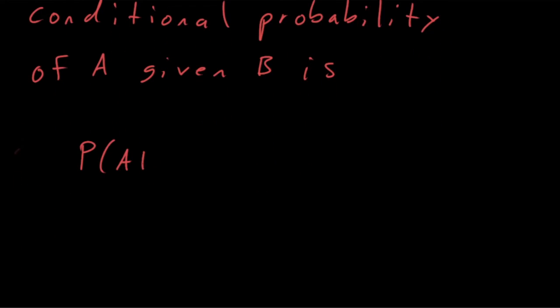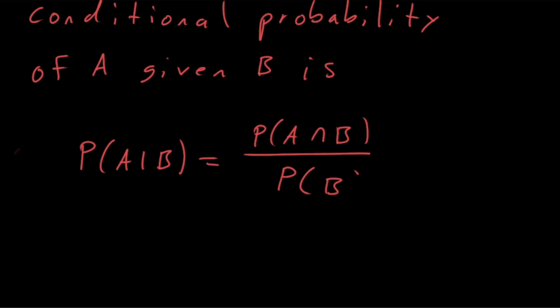Probability of A given B is equal to the probability of A intersection B over the probability of B.